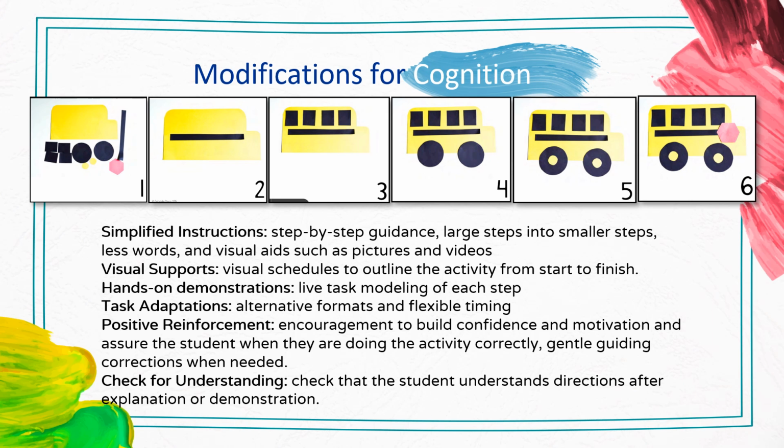Task adaptations, so just providing lots of alternative formats and giving them the extra time that they need, offering them positive reinforcement to let them know, yes, you're doing it correctly, or you're following directions, those kinds of things. And just making sure that, if you're able to, you check for understanding. So instead of giving it to the student and walking away, hang out for a minute and make sure they seem like they know what they're doing.